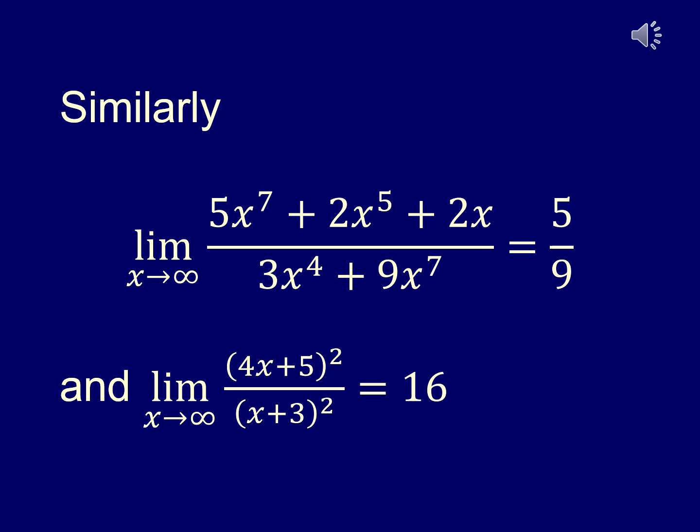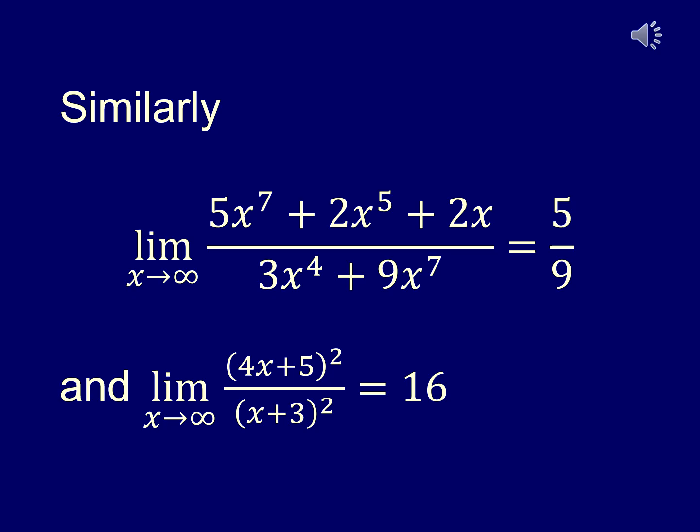If I look at the coefficients, I've got 5x to the 7th and 9x to the 7th, and that's why the limit on this one is going to be 5/9. On the bottom one, you can see I put the limit was 16. Well, I know it's going to be a number because we got squared, top and bottom. And what I did here is I took 4 squared to get that 16.